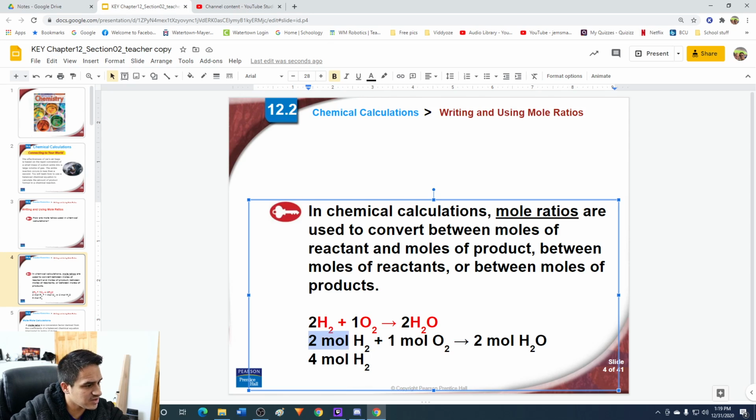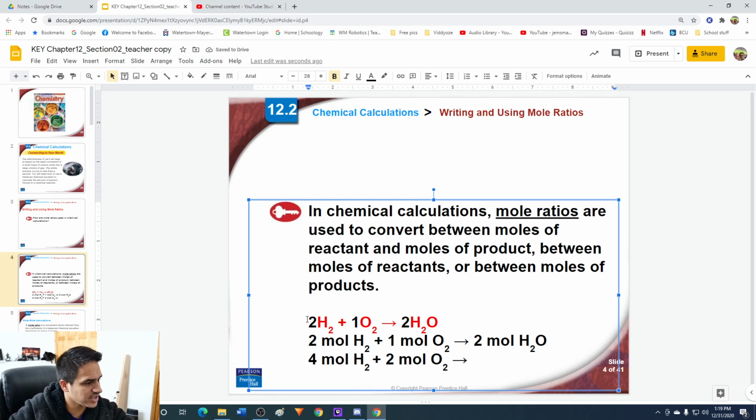Well, based on this reaction, it's a 2-to-1 ratio between the hydrogen and the oxygen. Every 2 moles of hydrogen that I use, I only need 1 mole of oxygen, or basically half. So if I start with 4 moles of hydrogen, I'll need 2 moles of oxygen.